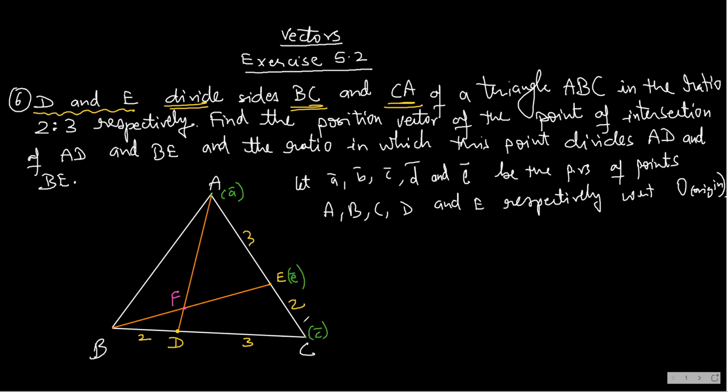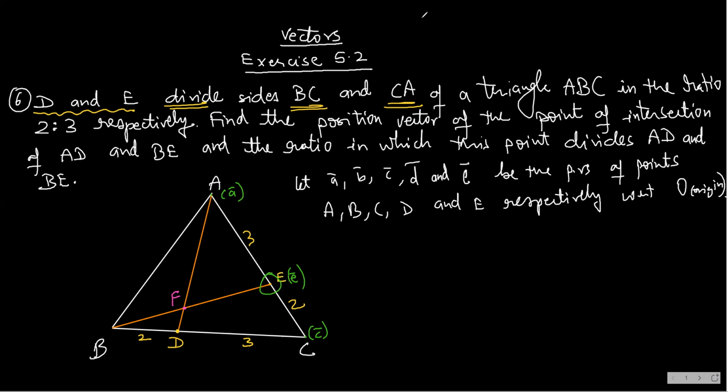So I will apply the internal division section formula on AC. Look at the segment AC. What do I notice? I notice that point E divides AC in the ratio 3:2, or E divides CA in the ratio 2:3, whichever way you say.